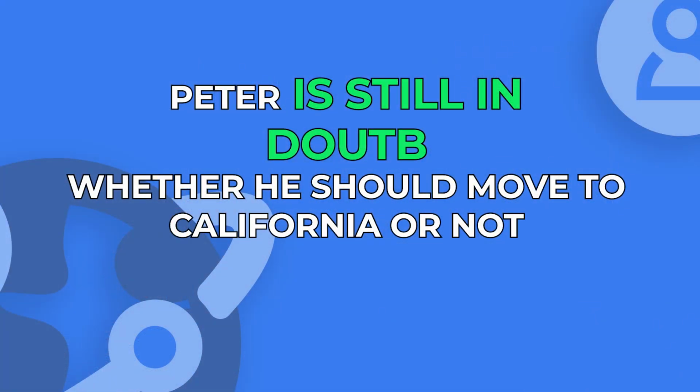So to be in doubt is also possible, okay? So Peter is still in doubt whether he should move to California or not. So you see, it's a very different situation when you want to use doubt. It's because you don't know.